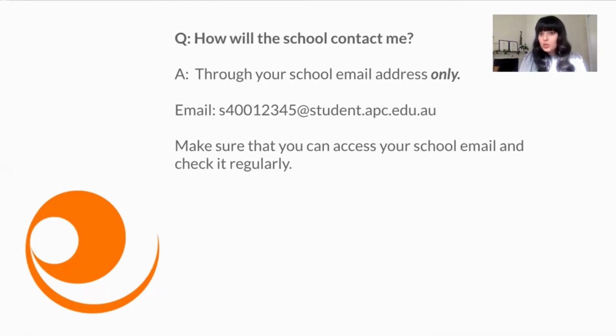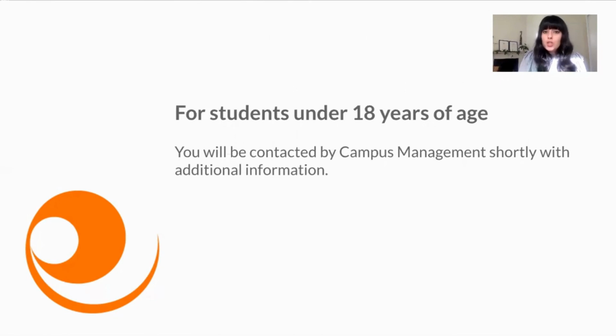So just make sure that you check your school email address regularly, and that way you can be updated with any changes or any communication that is coming through to you. For students under 18 years of age, you will be contacted by campus management shortly with additional information. So just make sure that you are checking your phone and your email in case you need to speak to them. So that is everything.